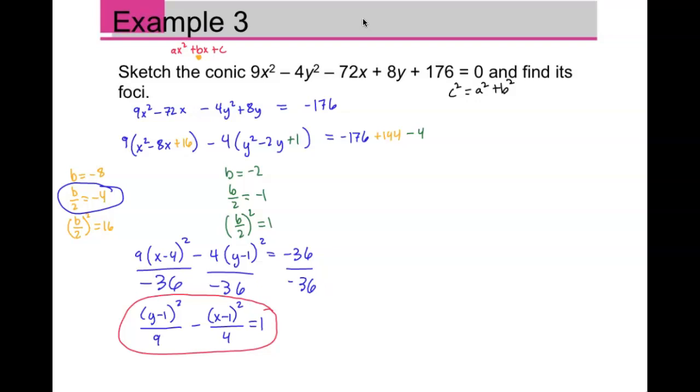What's a and what's b? A squared is 9, b squared is 4. So a is 3, b is 2. So a squared is 9, b squared is 4. So that's 13. So c is root 13.